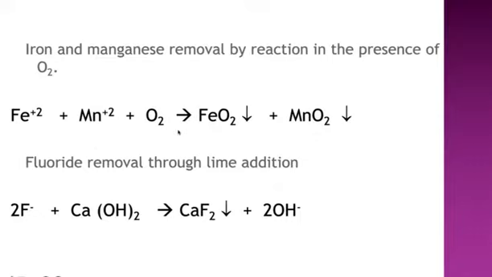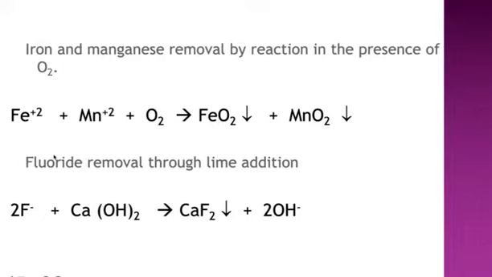So the products are the precipitates of the following compounds. So this is the ferrous oxide and the manganese oxides. So they are in solid form. As you can see, the arrows move downward.